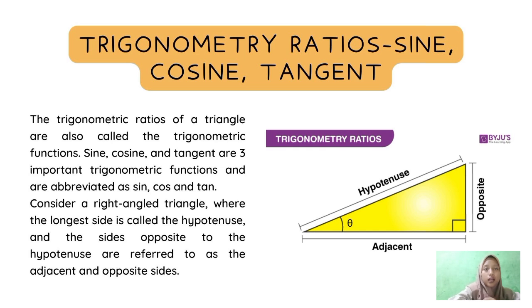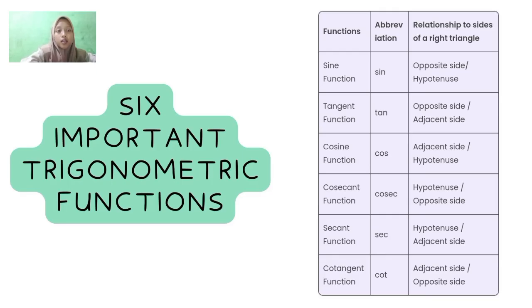Consider a right-angled triangle where the longest side is called the hypotenuse, and the other sides are referred to as adjacent and opposite sides. The 6 important trigonometric functions are calculated using the below formulas, considering the above figure.